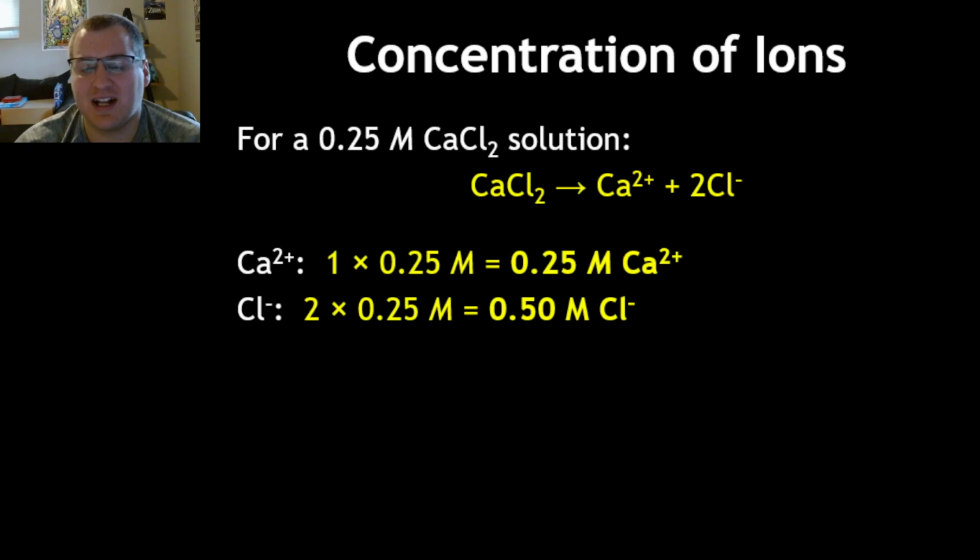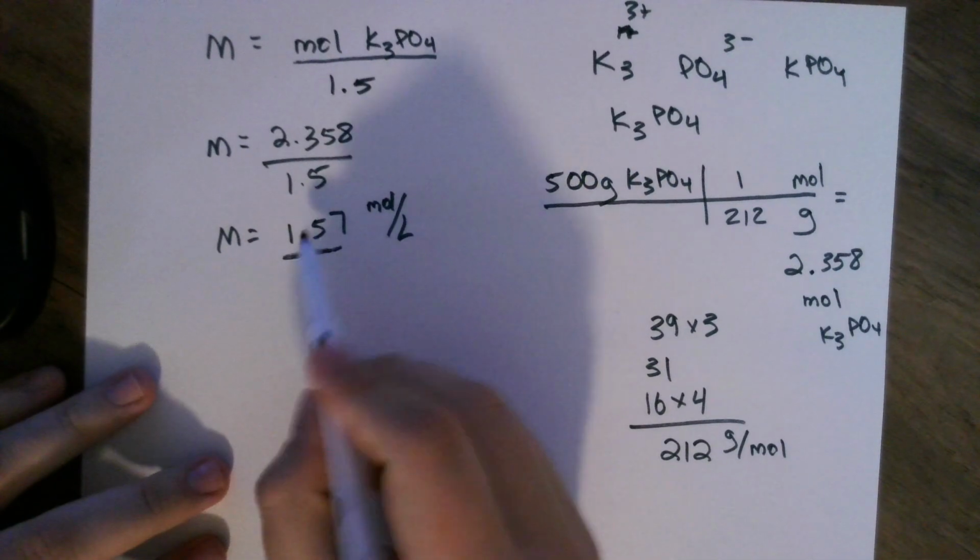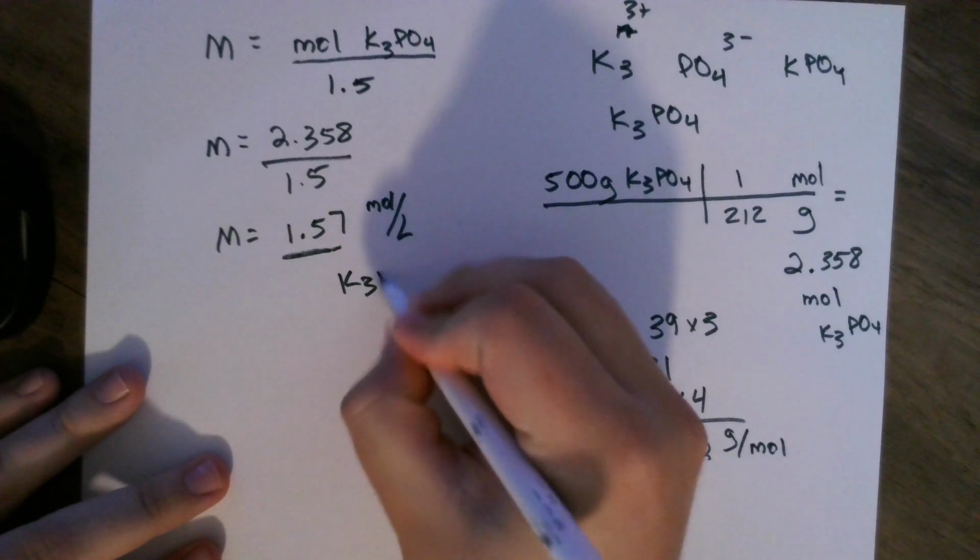Okay? So that's kind of like a mole ratio between these 2 things. I have CaCl2 splitting apart, making 2 chlorines. So 2 chlorines are coming from just 1 of my calcium chlorides, so it has double the molarity. So if I go back to my other example here, this is the molarity of my K3PO4.